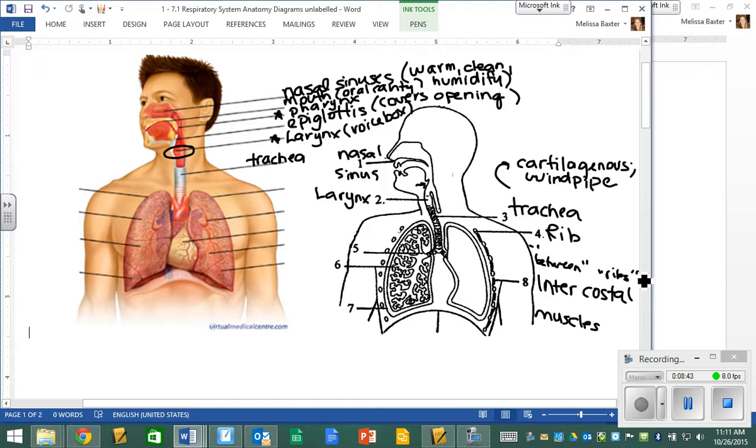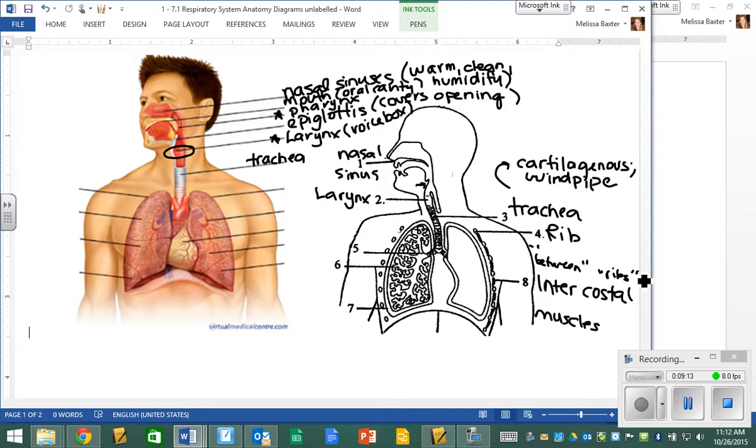If you speak any sort of Romance language, you might know that the word for ribs is côte, C-O-T-E, with an accent, but nonetheless, that's where the costal comes from. Unfortunately for us, science is not based on a Germanic language, so it doesn't usually sound like English. But that's what intercostal means, between your ribs. So there are muscles in between your ribs that help them move in and out so that you can breathe.